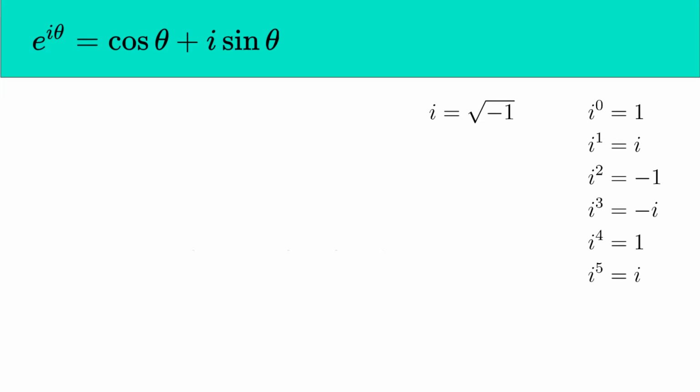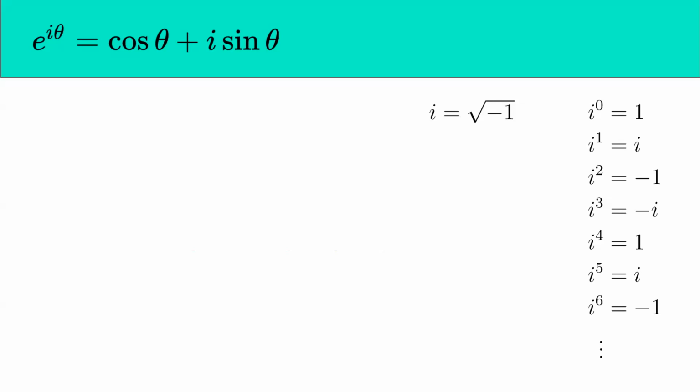And now we see that as we raise i to higher powers, the numbers on the right will begin to cycle. It's important to note that i to the even power is always real, and i to the odd power is always imaginary. We will now use calculus to prove Euler's formula.